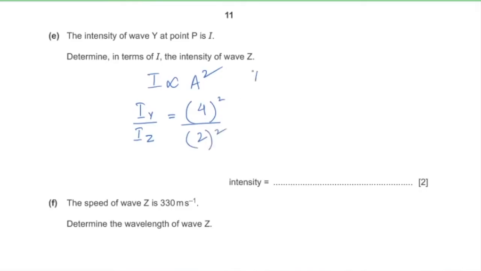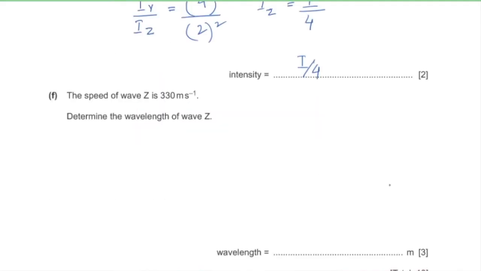And since Iy is equal to I, Iz is going to be I by 4.